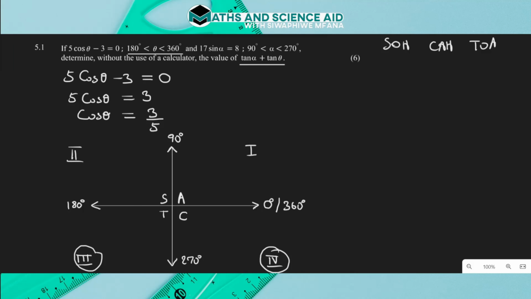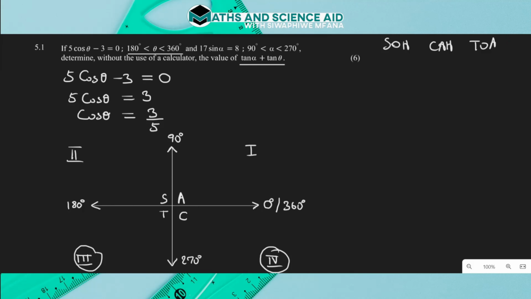Now, this is a very important piece of information because it's telling us that a right-angled triangle that would correspond to this equation of cosine theta would either be in the third quadrant or the fourth quadrant.